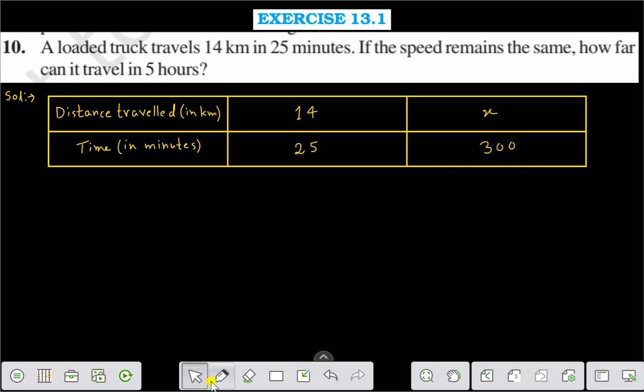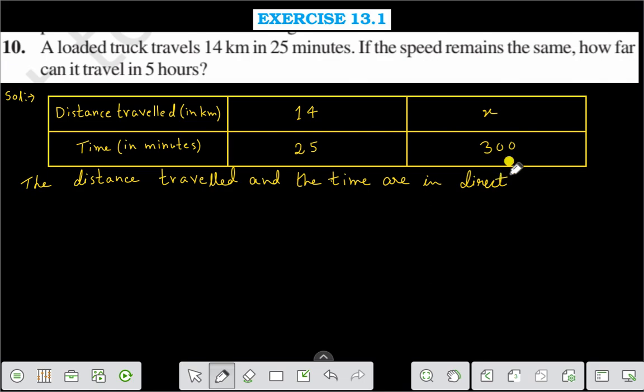Therefore, we can say that the distance traveled and the time are in direct proportion.